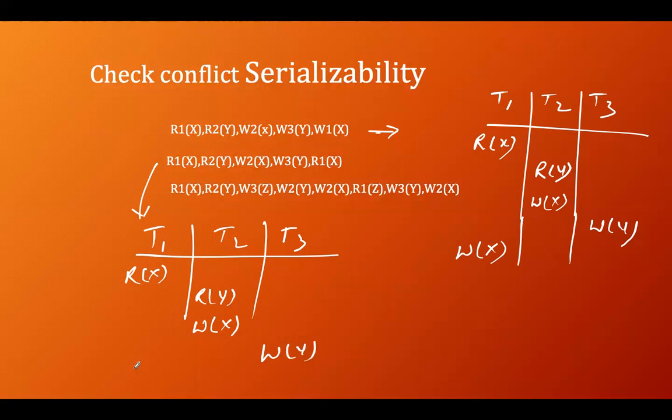This is the same. Okay, no, there is a write at last here, and a read at last there, so there is a difference. You have to tell whether this serial schedule is conflict serializable, or this, or this. In that way, you have to find it out.